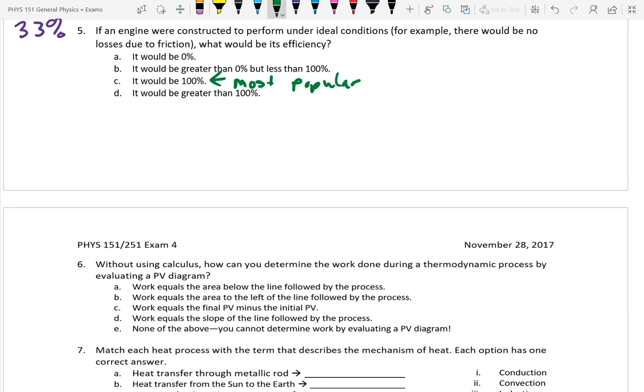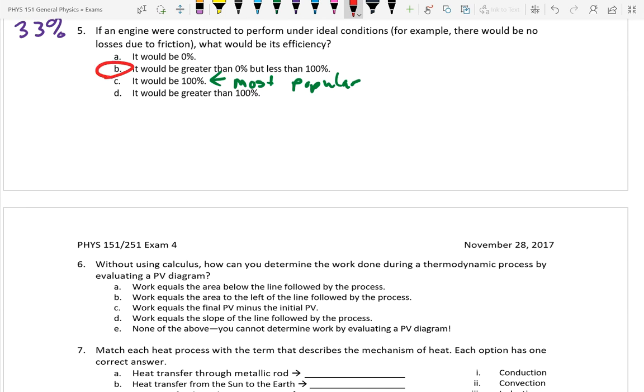But it's not correct. The second law of thermodynamics is the law that says that you cannot convert all of your energy from heat into mechanical energy. There's always going to be some wasted heat, some heat exhausted. That's why our heat engines always have a QH going in, a work going out, and a QC going out. So it's always going to be less than 100%, but of course greater than 0%.